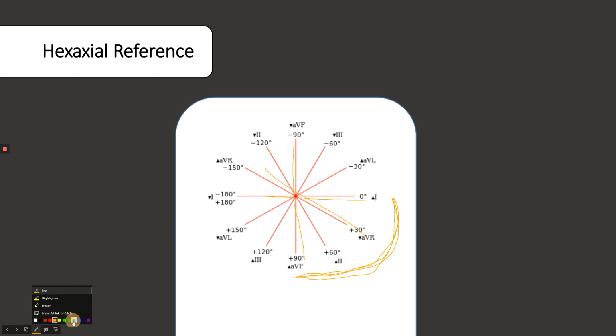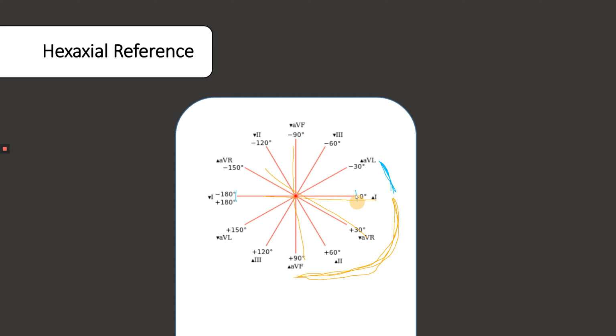Now, outside that range, though, we have 0 to negative 30. Some books will say 0 to negative 20 or whatever. That's semantics really, but this range right here is going to be called physiological left axis deviation. So kind of opposite, this is the right, this is the left. Physiological left.